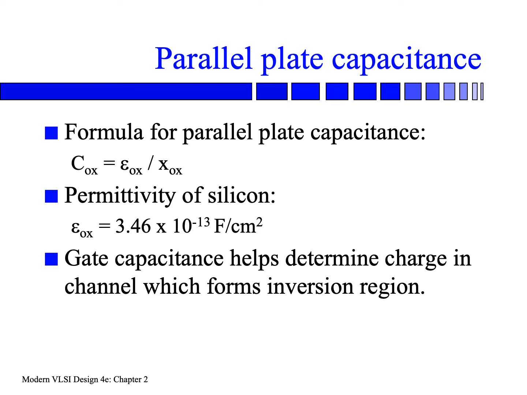Gate capacitance helps determine the charge in the channel, which forms the inversion region. If you have a large capacitance, then a large charge will form in the channel, and then it can conduct more current. So the value of the capacitance essentially determines the capability of the MOS transistor in terms of how it conducts current. That's why it's very important.